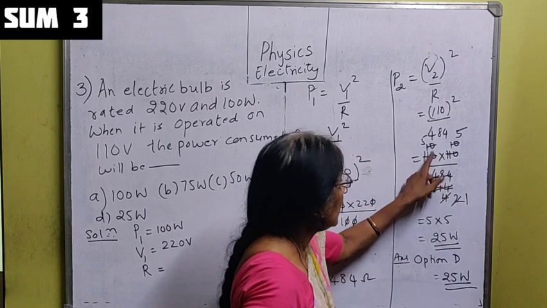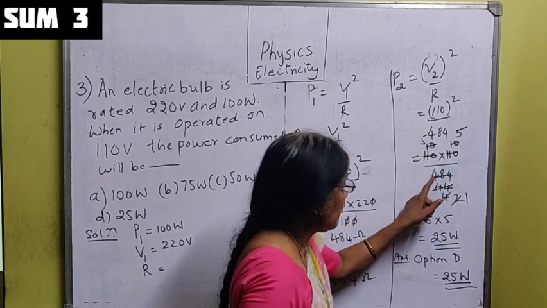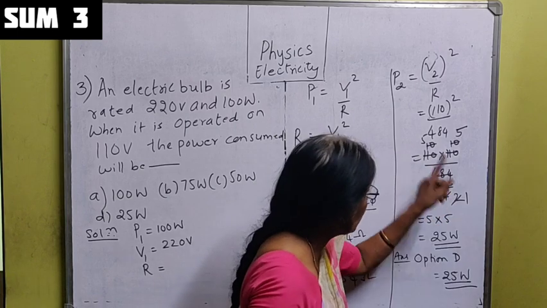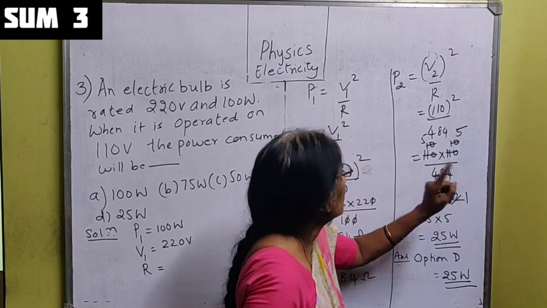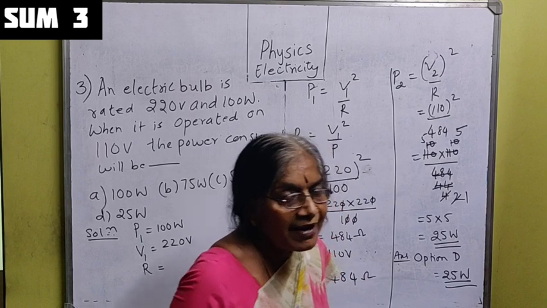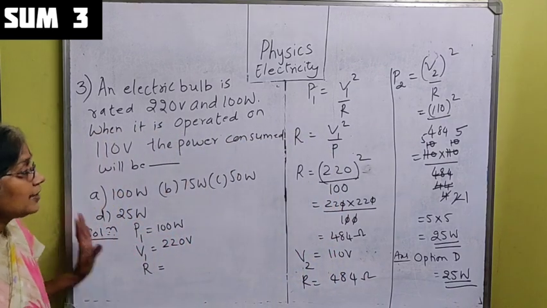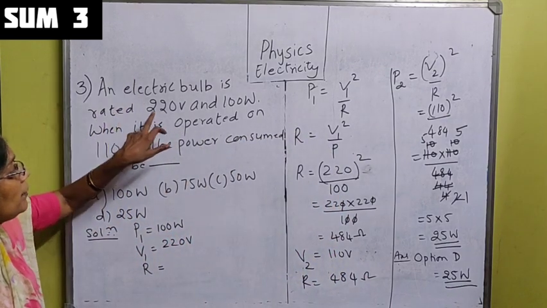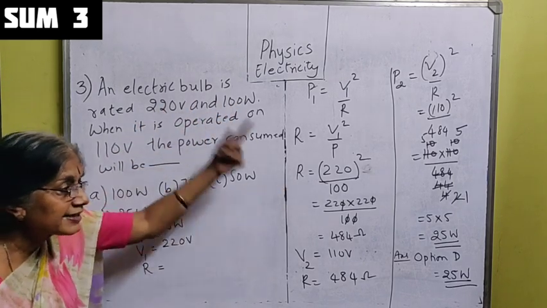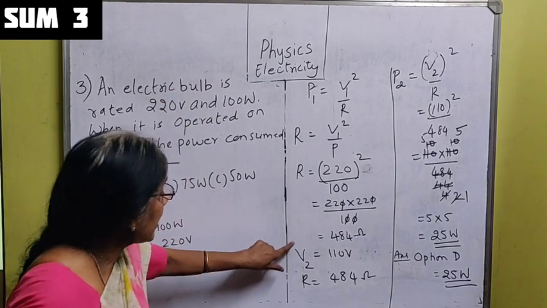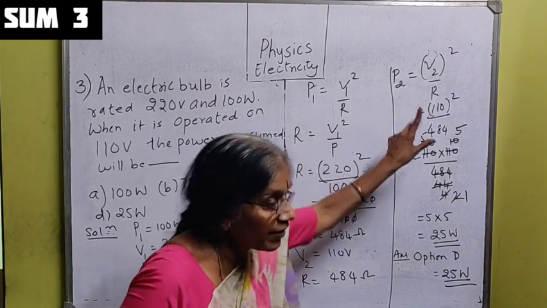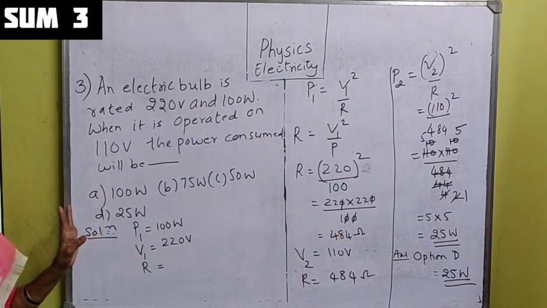By 11 it will go, 11 fours are 44, 48 minus 44 is 4, again it will go. 2 fives are 10, 5 fives are 25 watt. So option D, 25 watt, is correct. So first you find the resistance from the potential difference and power, then for the same bulb, with that resistance and the new potential difference, you find the power.